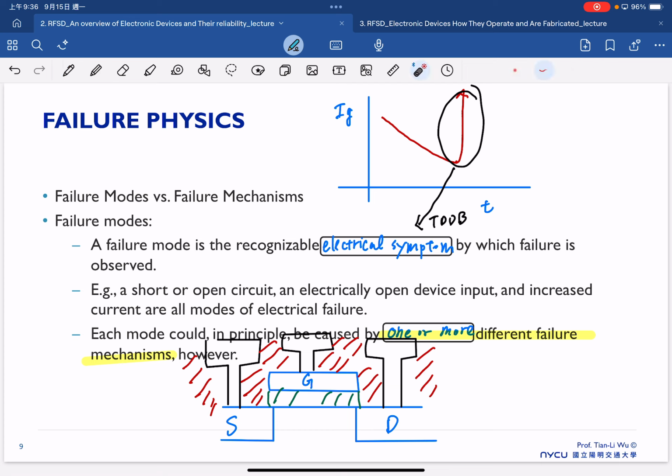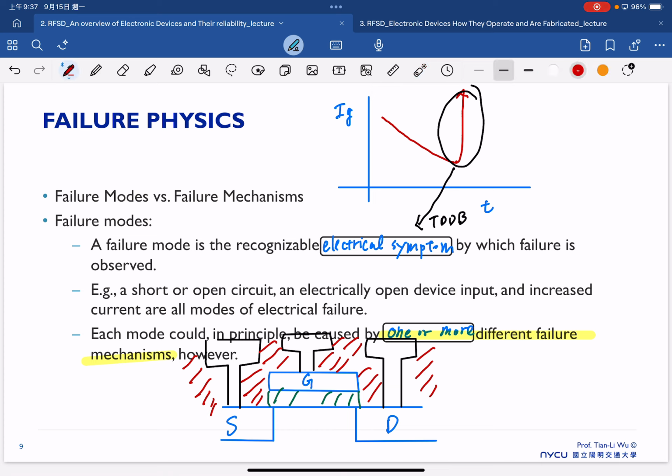We need to make sure these electrical signals are well isolated, so we will have insulating material here and also here. But when we operate the device, at a certain moment we observe a very high leakage current, and this can be caused by one or more different failure mechanisms.